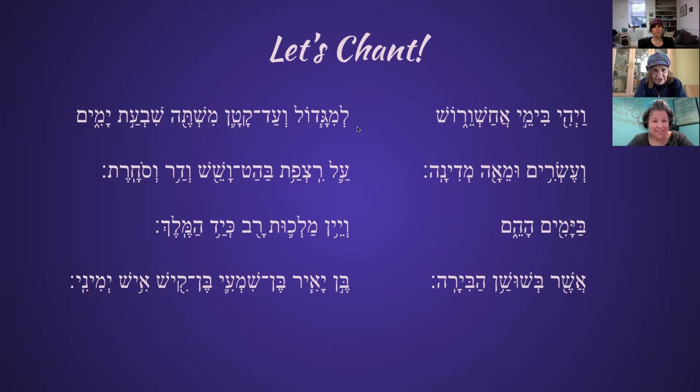So the order: spoken Hebrew, chanting trope, and then putting it together. למיגדול ועד קטן משתה שיבת ימים. דרגה טבעית פיתחה מונח את נפשה.